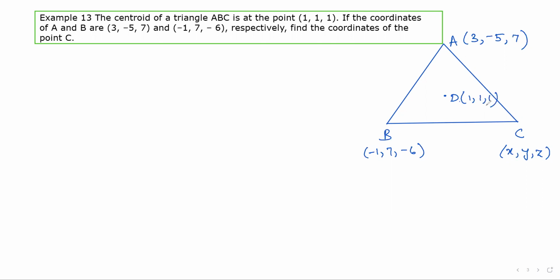Now, there's a formula which connects your centroid with the other vertices, if all coordinates are mentioned.